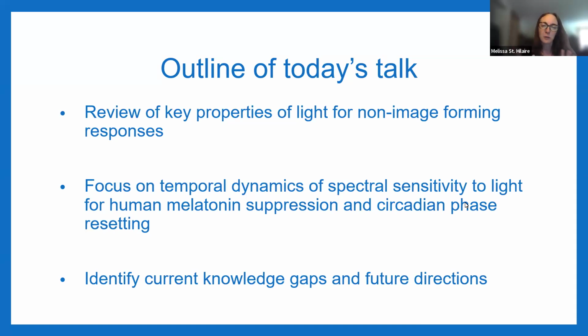Not knowing exactly who is in the audience, I think it's important to look at the history of where we've come from in terms of what we understand about the properties of light in humans, how it relates to the mammalian system more broadly. And then also take this opportunity to talk about some of where I think there are current knowledge gaps and where I think there need to be some future directions and future experiments.